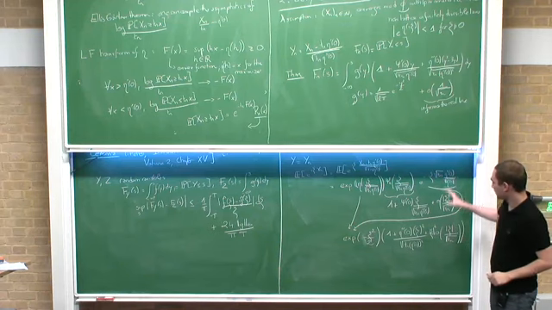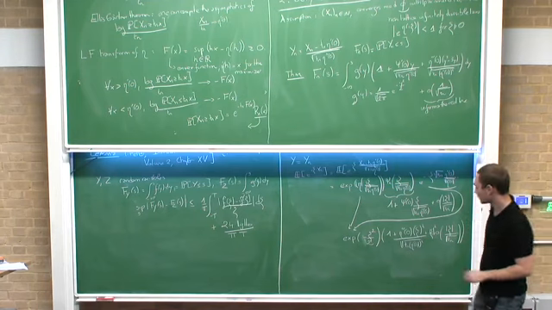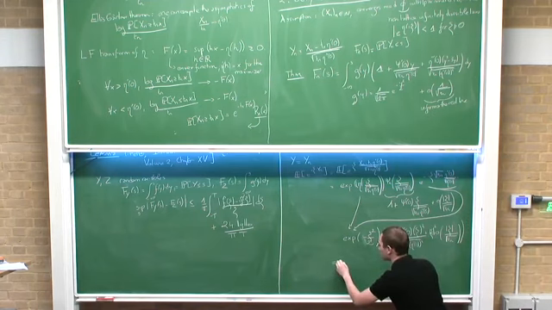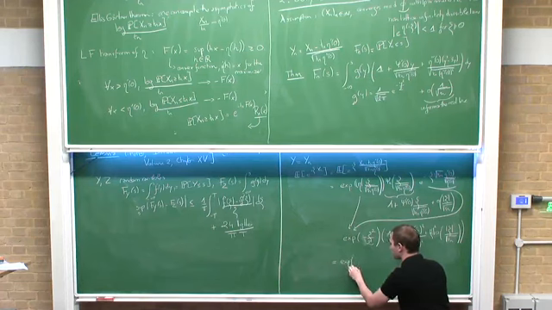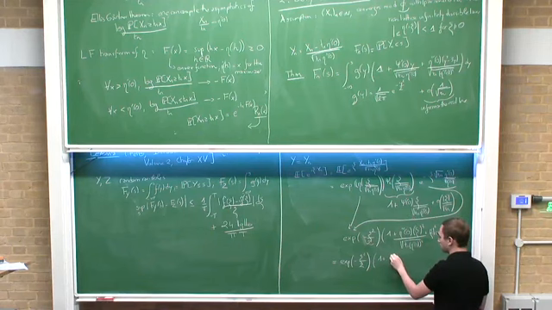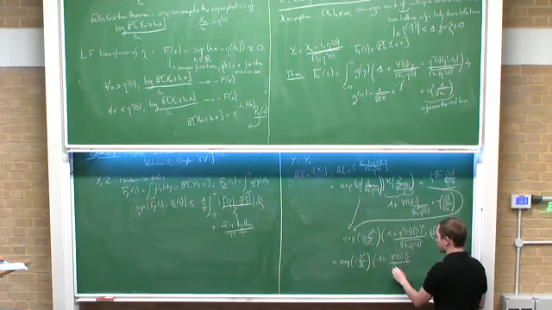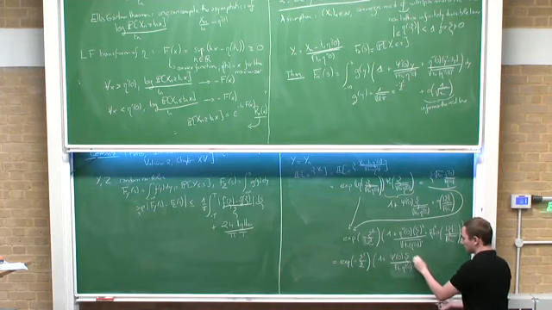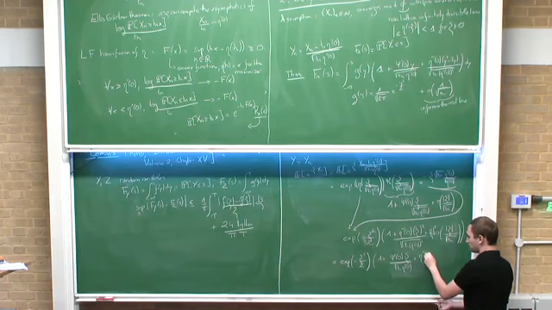So if I take everything and put it together, I obtain exponential minus psi square over 2. And then I have 1 plus smaller terms, eta third.